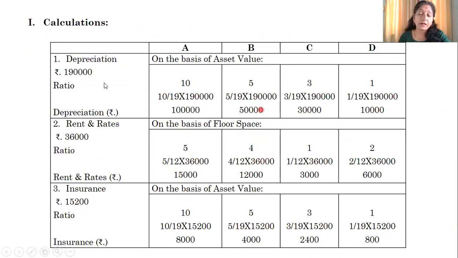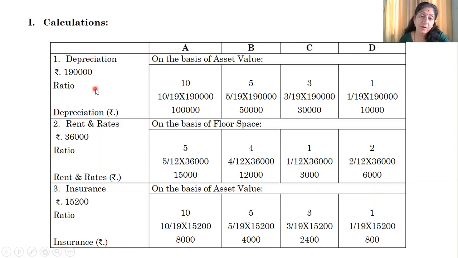First calculation. Depreciation 1,90,000, on the basis of asset value. The depreciation value given in the problem is 1,90,000. We have to find out the ratio on the basis of asset value. The ratio is 10:5:3:1. Then, how do we calculate the depreciation for the portion of A and of B, C, D?